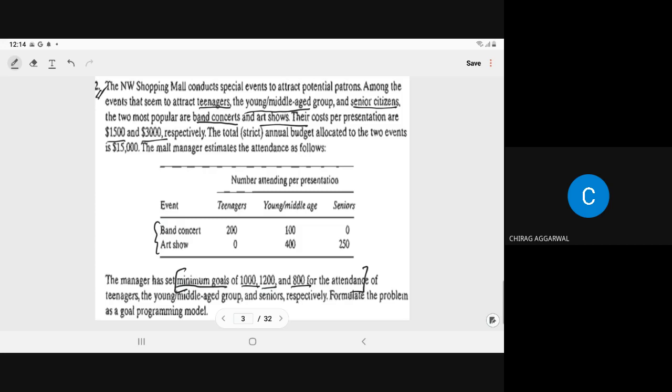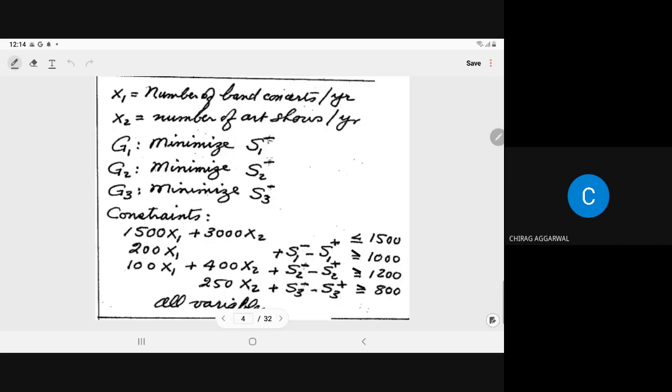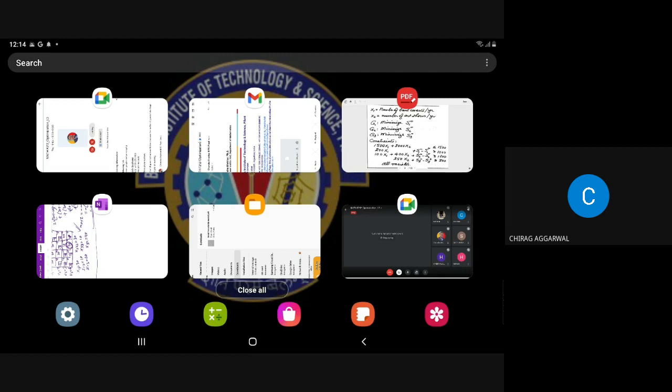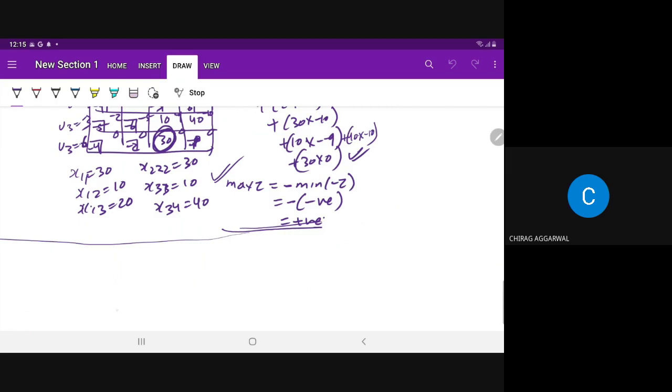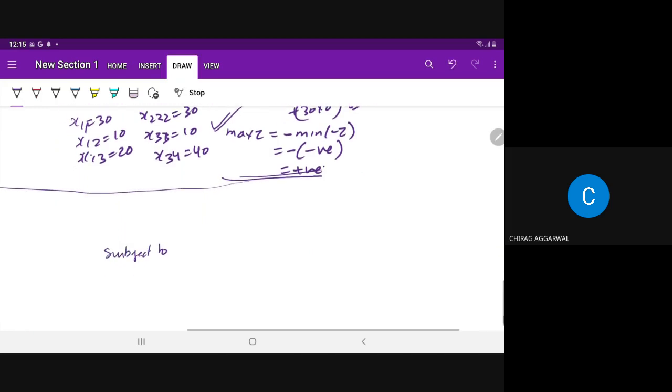For this, let us assume how many band concerts and how many art shows you have to conduct. Let x1 and x2 be the number of band concerts per year and the number of art shows per year. If you do it as a linear program, what is the cost of the band concert?